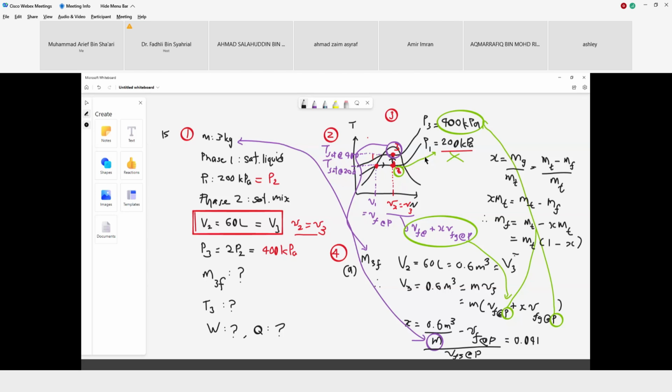So the answer should be 2.7 kilogram. Okay, this is the answer.